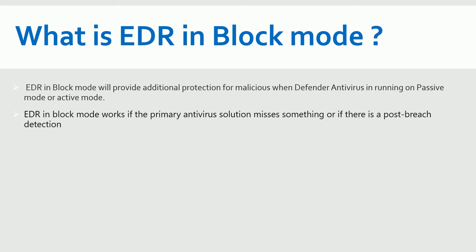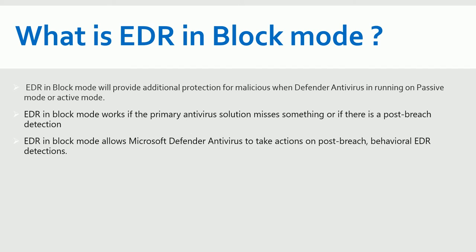As I explained, the primary antivirus can be Microsoft Defender or a third-party solution like Symantec, McAfee, or anything else. In that scenario also, if your primary antivirus missed something, then EDR will detect that. Now, EDR in block mode allows Defender antivirus to take action on the breach behavior EDR detections.